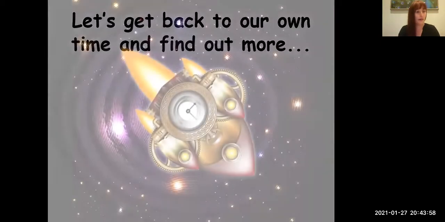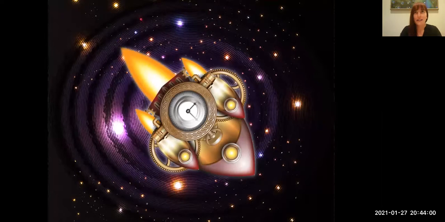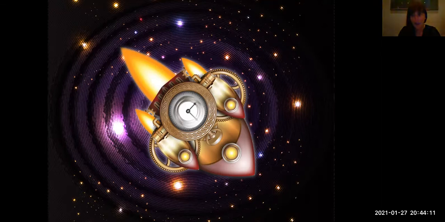And here we go. So the time machine's working. So you're travelling back through the past, away from the Great Fire of London, towards the present. We're nearly there, ready to get on with some work. And done. Well done.